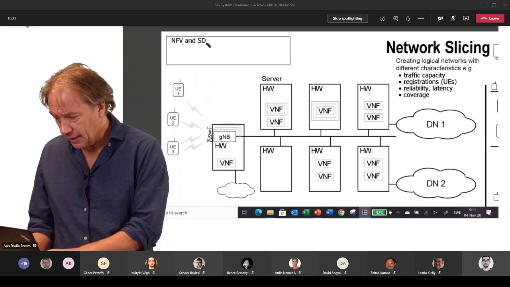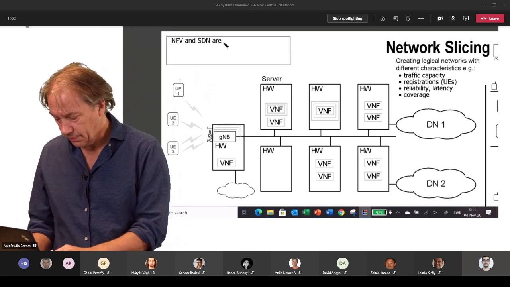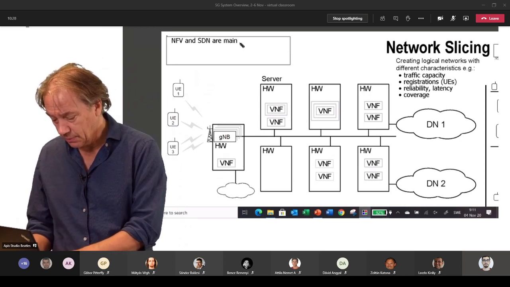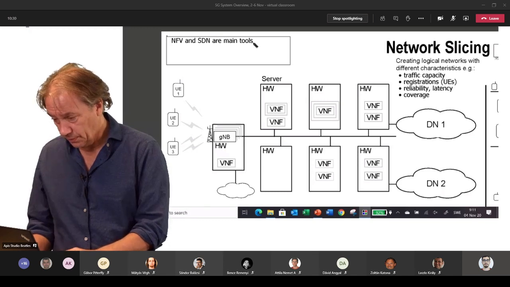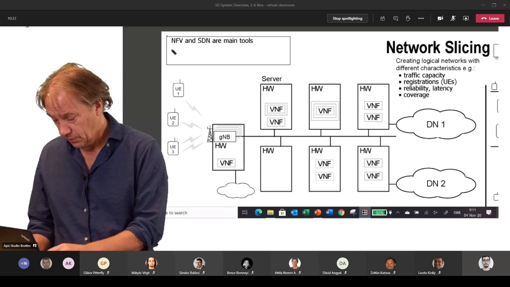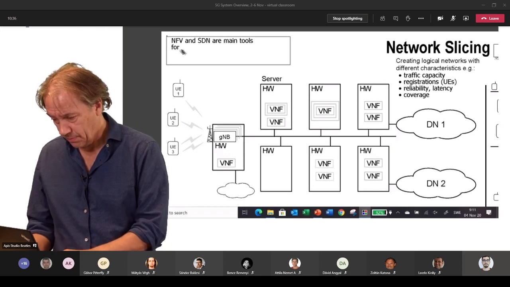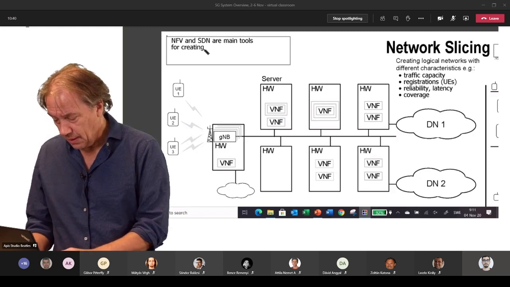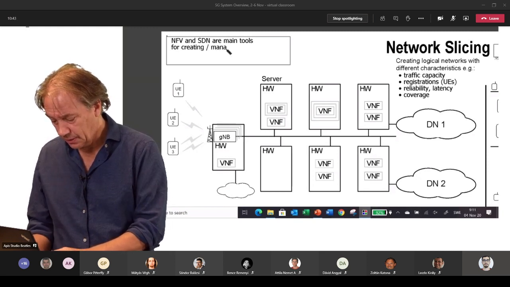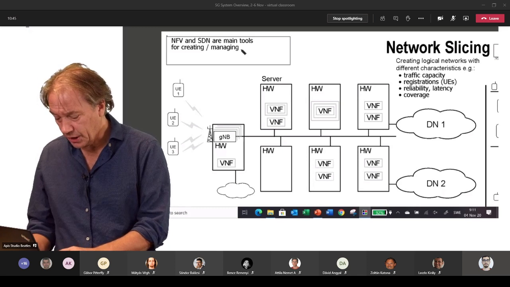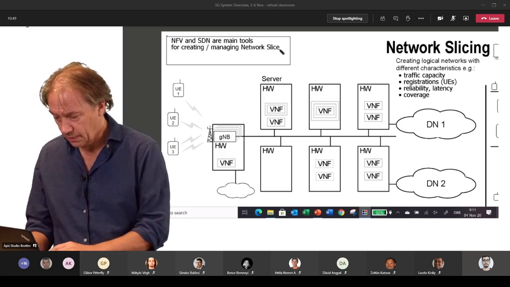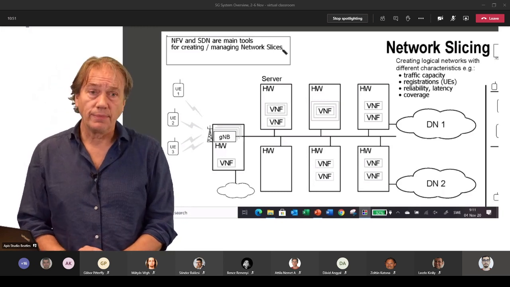NFV and SDN are main tools for creating and managing network slices.